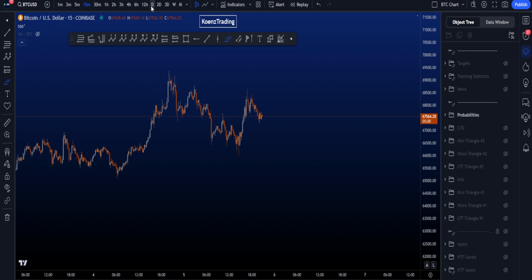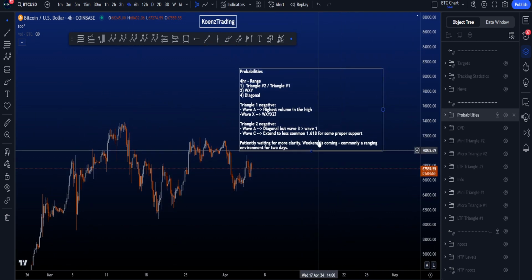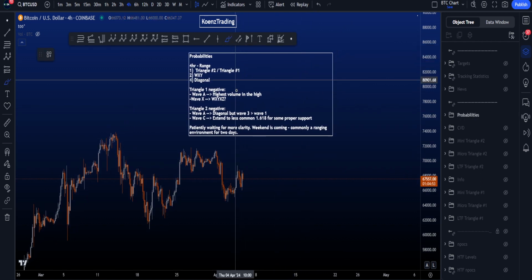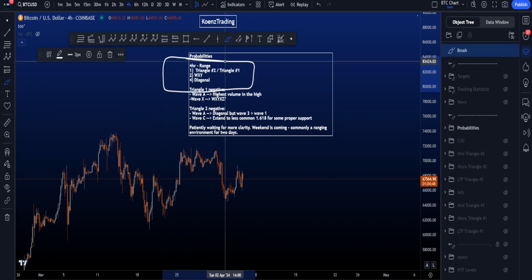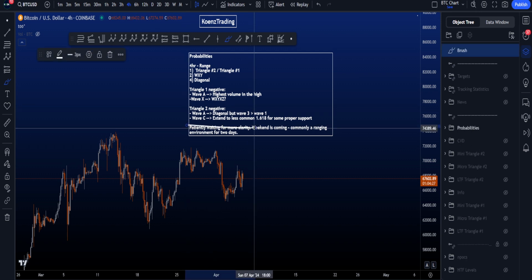If we then look at the probabilities of the different scenarios, I do have quite a bit of a probability box, as you can see over here, where in this box on the 4-hour chart, probabilities at the moment are highest for a triangle. It is very difficult to make a choice between triangle 1 or triangle 2. My personal feeling gives me a very slight edge towards triangle 1, but preferably I would like to wait for more clarity over here.